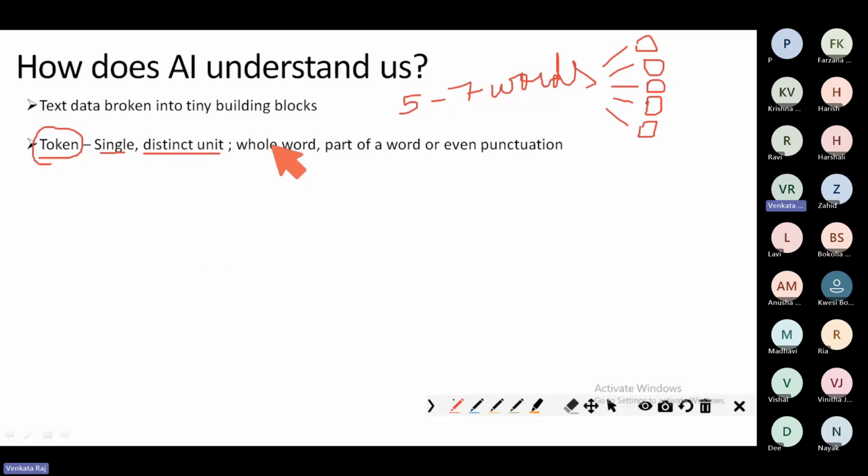Now, many people think that each word will be converted into a token. It is not the case, guys. Your whole word can be a token. Part of a word can be a token, or even punctuation marks like full stop, comma, question mark, exclamation mark, right?